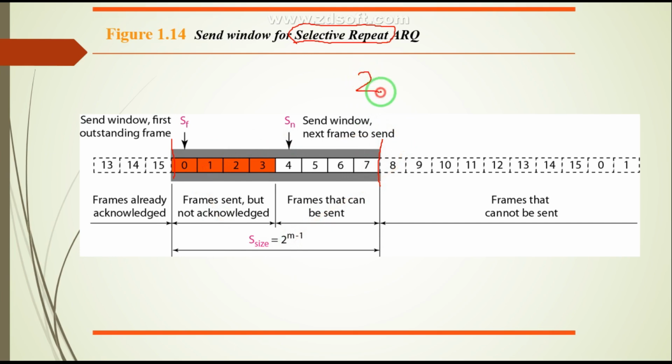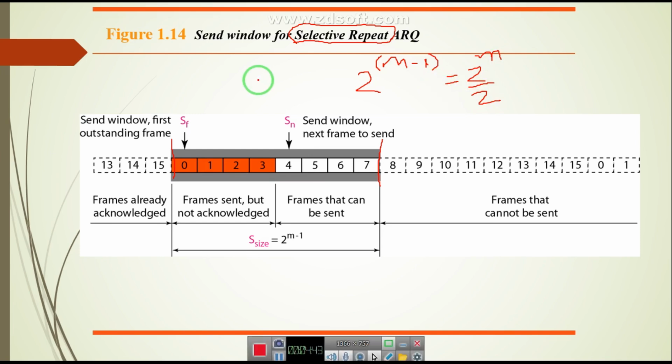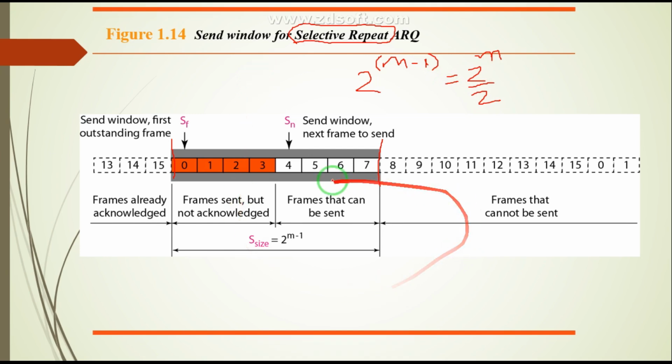The size of the window must be equal to 2 raised to (m minus 1), or it must be 2 raised to m upon 2. This should be the window size of Selective Repeat. So from this figure, could you tell what the value of m should be by looking at this window size?